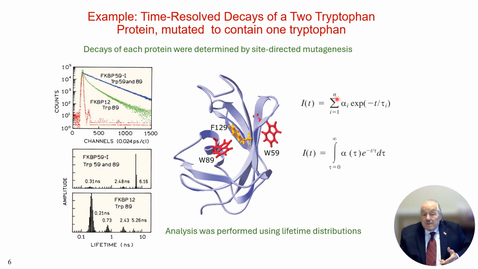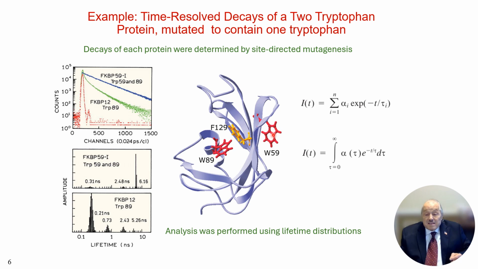Another example is a protein with two tryptophans. There's been a lot of work on tryptophan fluorescence, which we'll talk about in a future lecture. Very often the goal of the measurement is to try to recover the lifetimes of the two tryptophans that are in the protein, and that's a very difficult task.